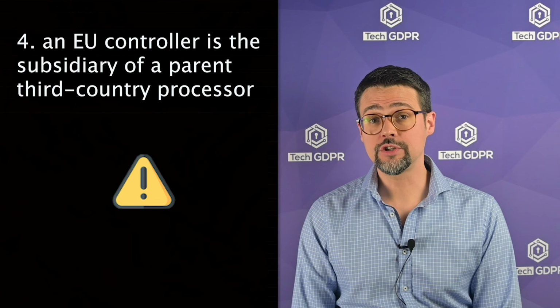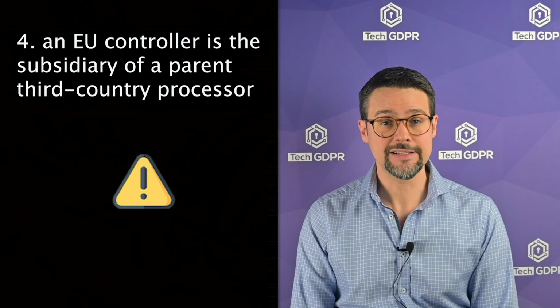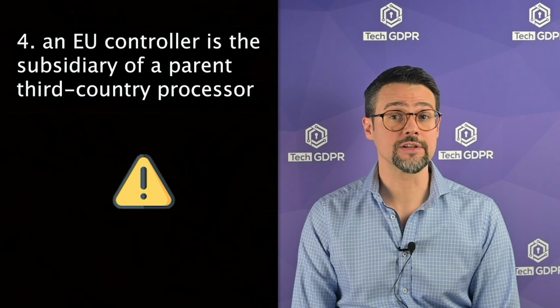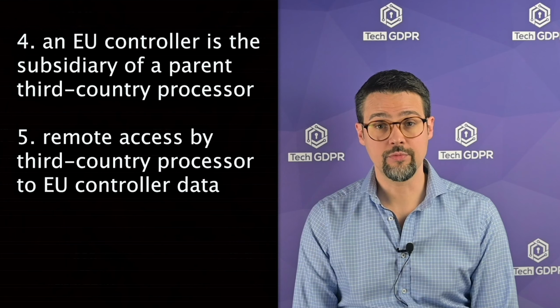Note that the provision of the database by the mother company makes it a data processor, but any subsequent accesses and uses of the data for purposes defined by the parent company makes that parent entity a data controller, triggering controller obligations.